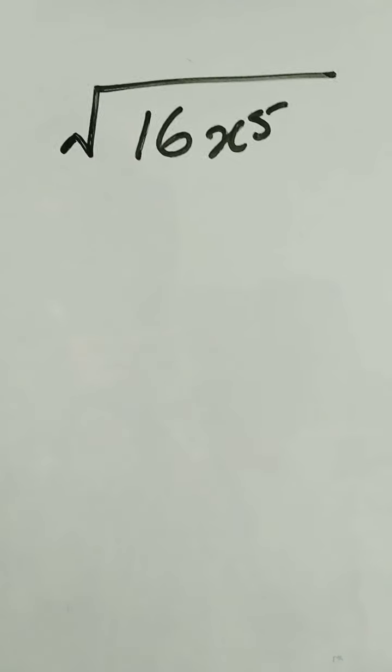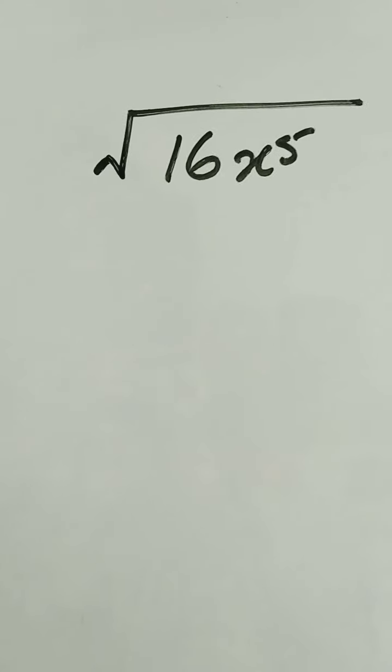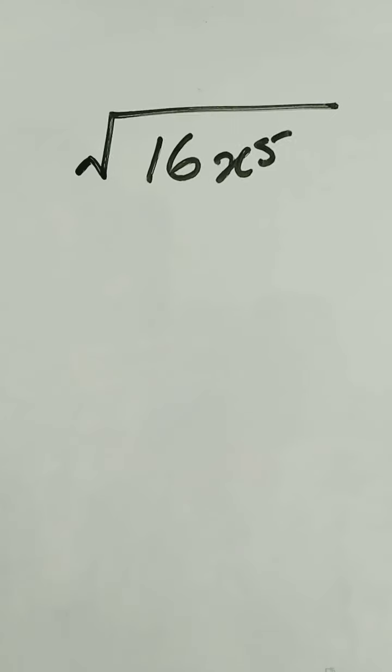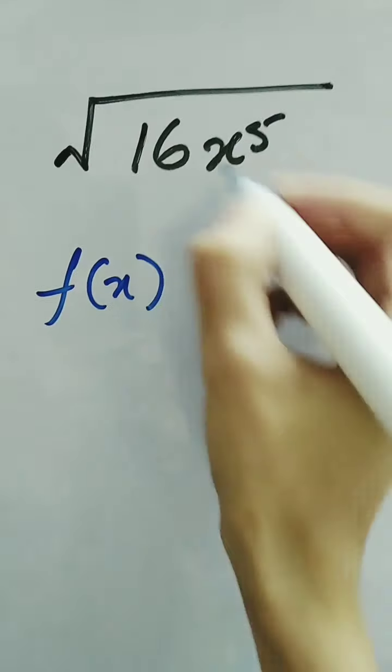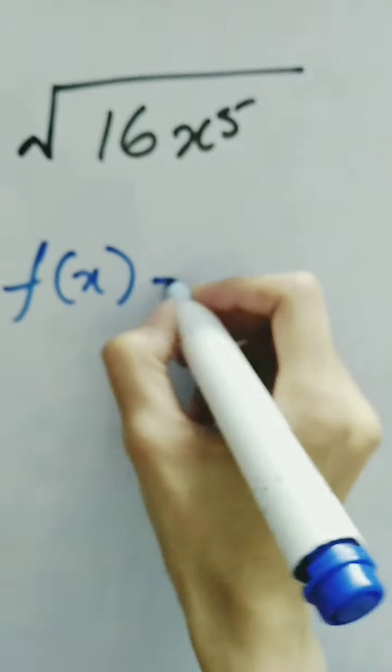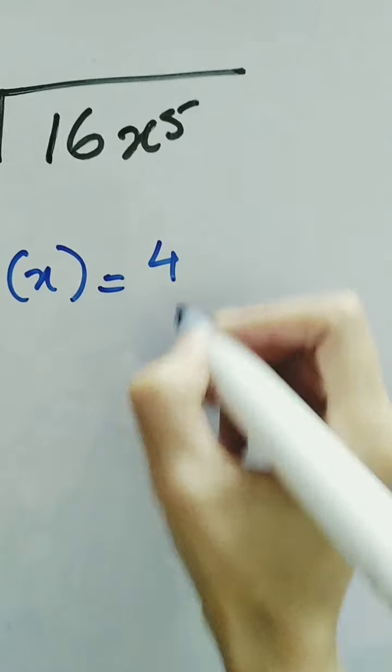Here we have another interesting function in which we have under root 16 x raised to the power 5. So first of all we will simplify it in order to get the function. We are just going to take the root, and as we know the root of 16 is 4.